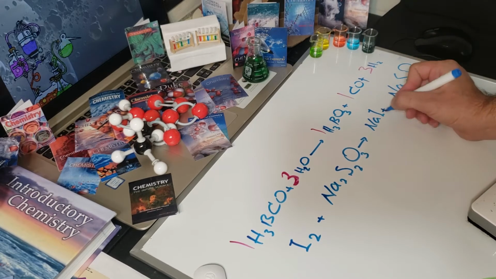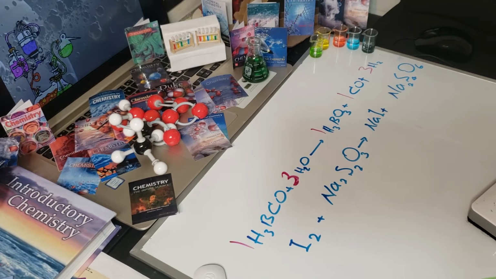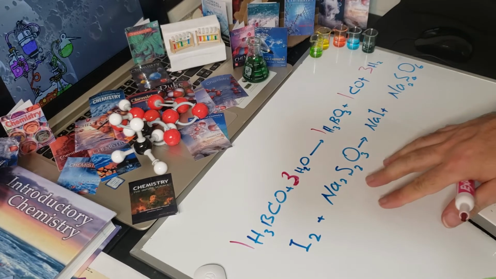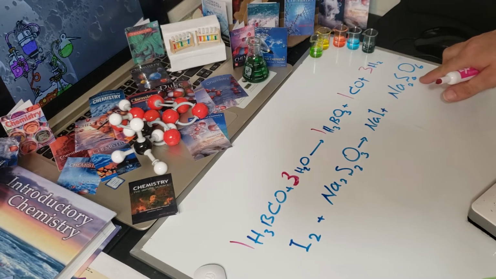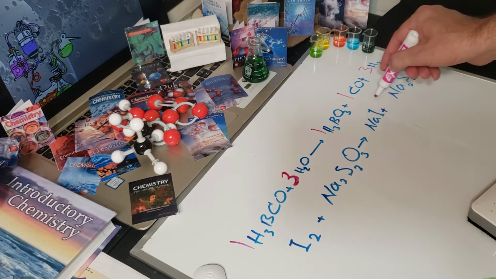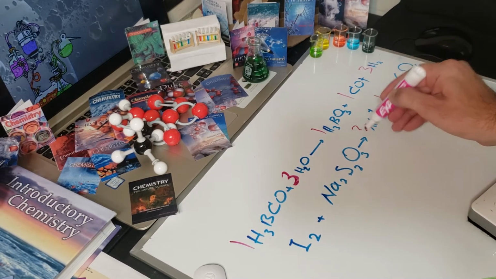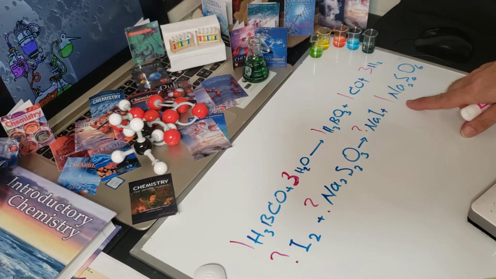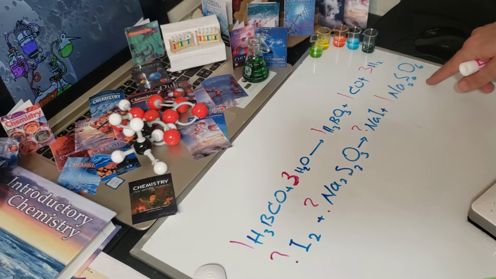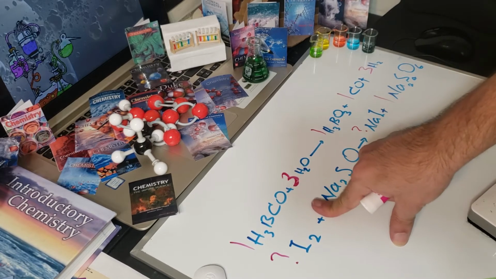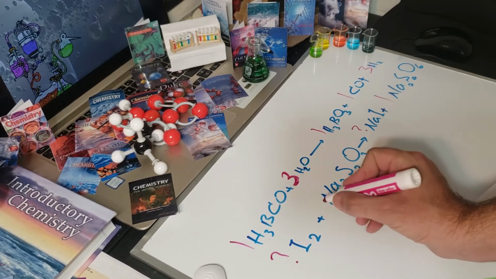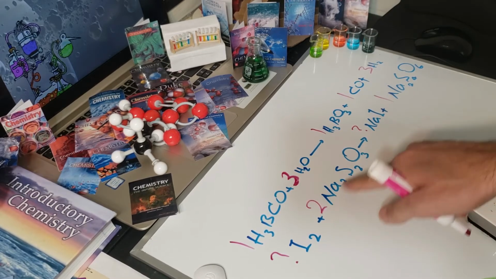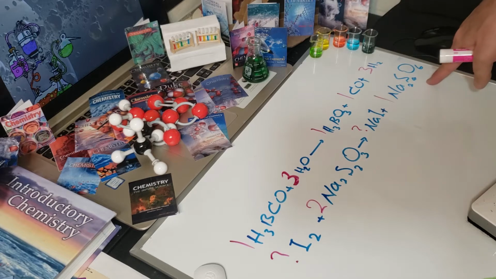Okay, so to balance this equation, you look either for this one or this one, and this one has 4 and 6, so it's better to start with this one doing a 1. Okay, and we don't know all this. So if I do 1 here, sodium is not determined, sulfur and oxygen are. If I have 4 sulfur here, then I could do 2 here to make 2 times 2 because it's 4 sulfurs.